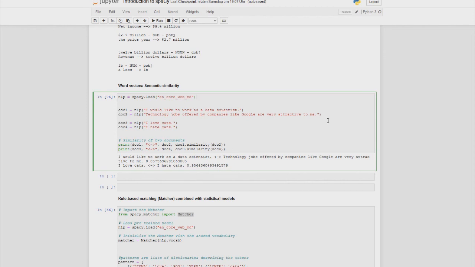First, between the sentences "I would like to work as a data scientist" and "technology jobs offered by companies like Google are very attractive to me." Here it scores an 86% similarity, which is quite high. You can also see in the second example, "I love cats" versus "I hate cats," it's almost a 100% similarity. Here the model compares just how similar these sentences are in terms of what they talk about. Since both sentences are about cats, it thinks that these sentences are very similar.